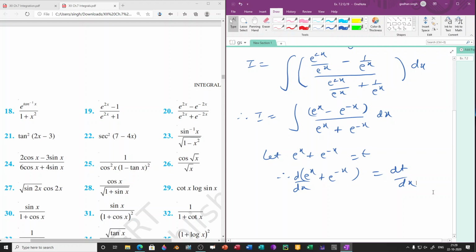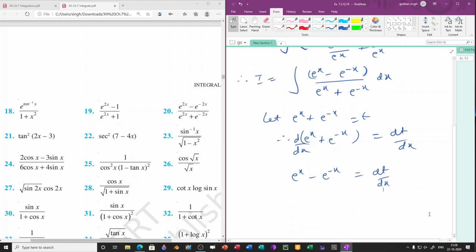We will be getting e^x, differentiation of e^(-x) will be minus e^(-x), equal to dt by dx, and this will give us, therefore, (e^x - e^(-x)) dx equal to dt.